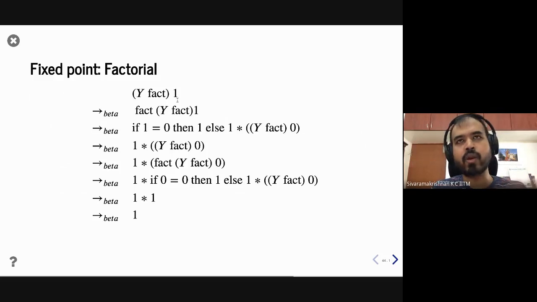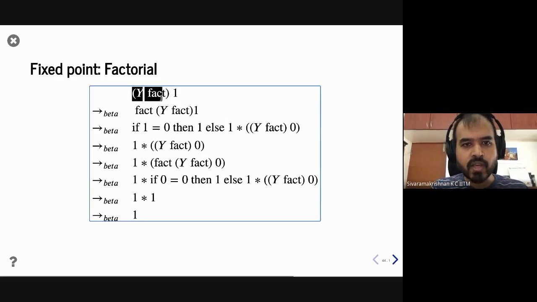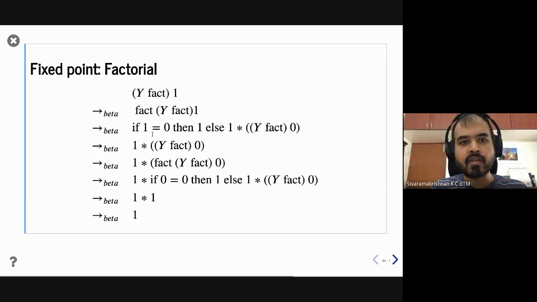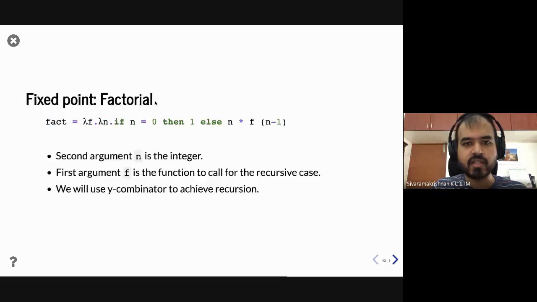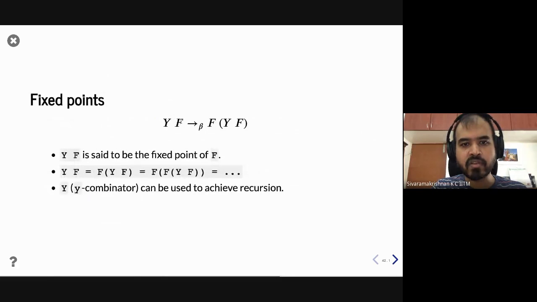Factorial of 1 is 1, we know that. We're just going to see how that expands out. So this is Y of fact. And we know that any Y of f can be expanded to f of Y of f. That is what we've seen here. Given any Y of f, you can always beta reduce it to f of Y of f.